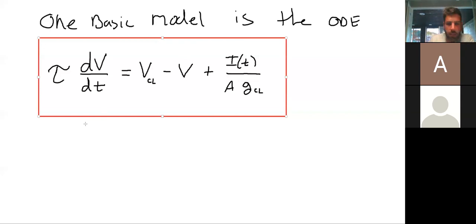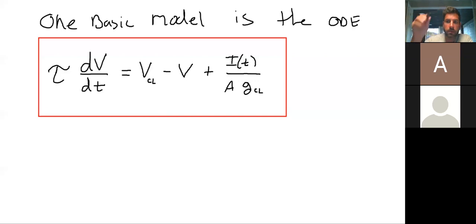So what is I of t? I of t is our stimulus. How are we stimulating it? Are we just zapping it with the same amount of electricity, for example, giving it like a 10 amp or milliamp injection? Or are we going to do it every second? Is it going to be linearly inputted?